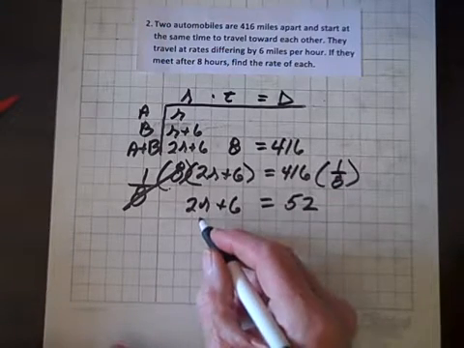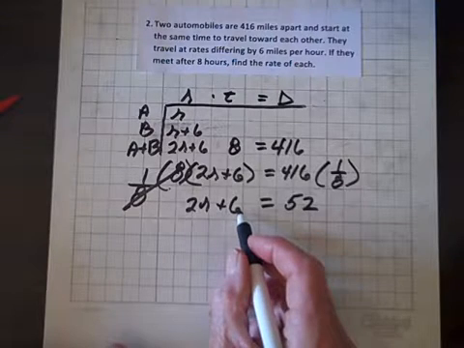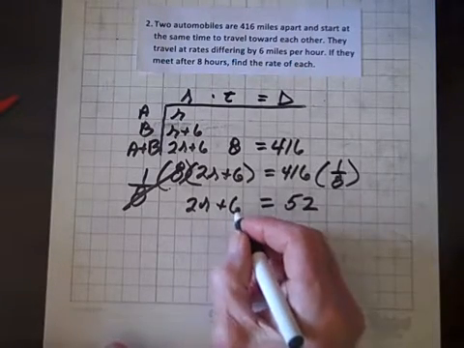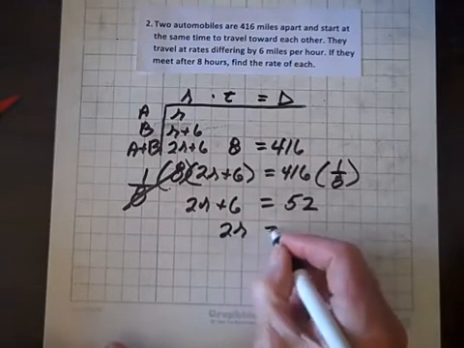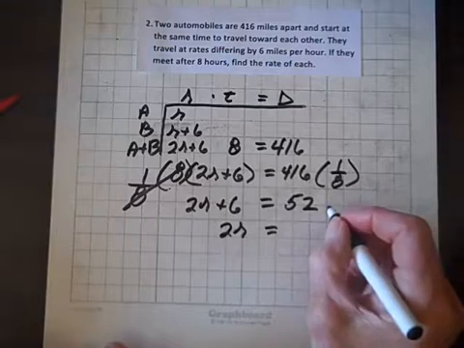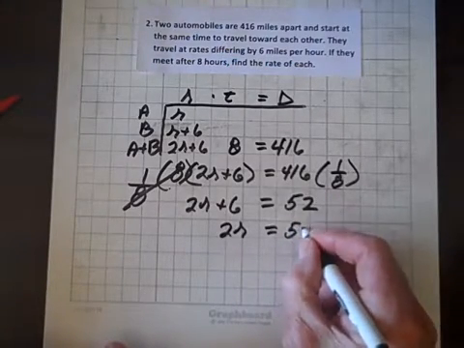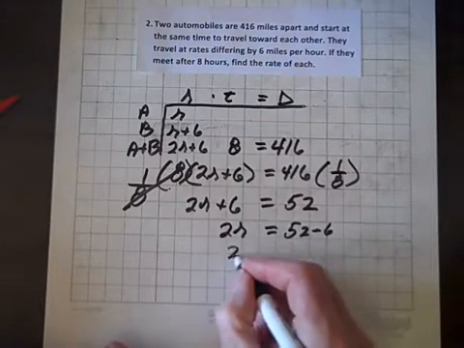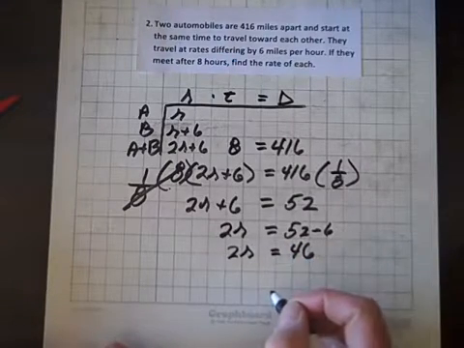Now we'll isolate the term with r in it by subtracting 6 from both sides. So subtracting 6 from this side, we just have 2r remaining. Subtracting 6 from 52, 52 minus 6, so 2r equals 46.